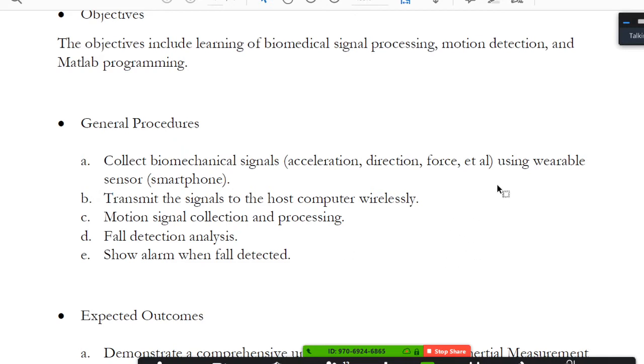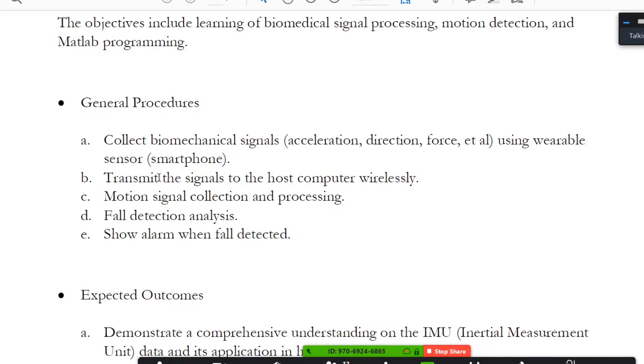For example, the one thing I want to ask: you have three axes. How to determine which is x, which is y, which is z, and how to calibrate the three acceleration signals, and also transmit the signal to a host computer. Today I will show how to use iPhone. Lee will show how to use Android phone.